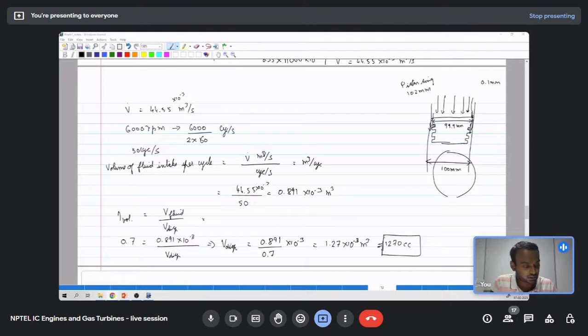And there are two piston rings, so there are totally three piston rings. The last piston ring is generally called the oil scrap ring, and the first two rings are called compression rings. These compression rings are supposed to seal the gas in the combustion chamber, and the third oil ring is supposed to scrape the oil which is present on the cylinder wall.